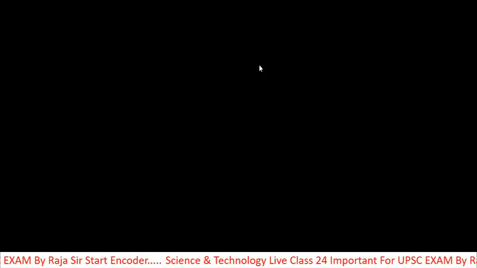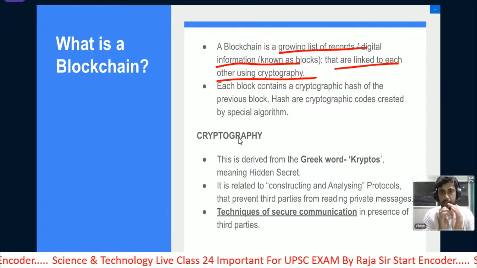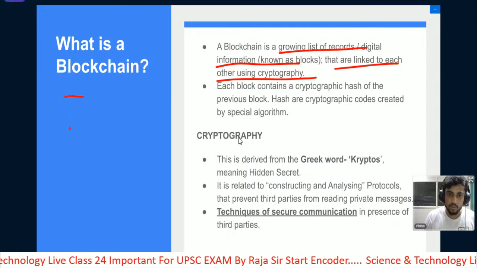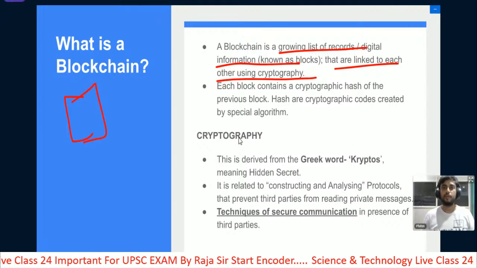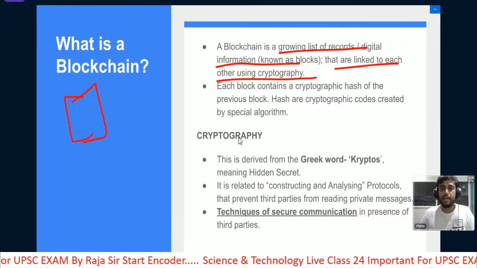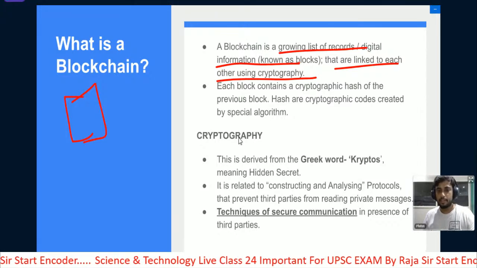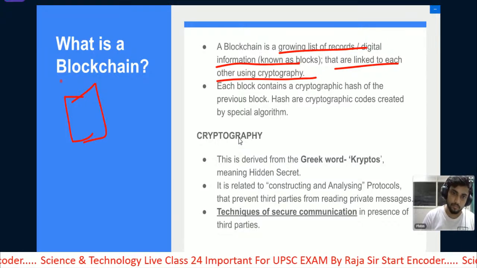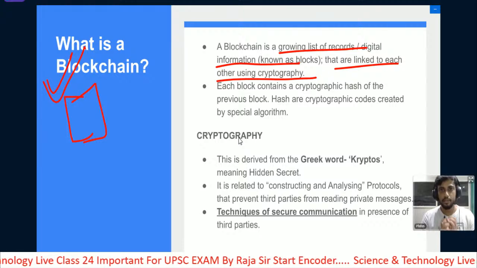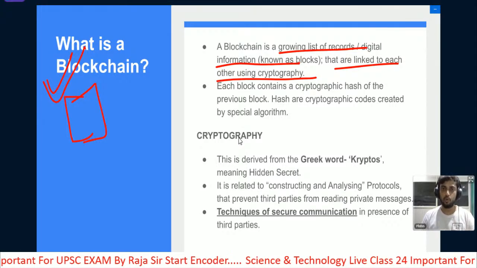In blockchain, the data is compiled in groups, and these groups are known as blocks. We say we have a block of information. A block of digital information can be created for digital transactions. In this block, the information related to the transaction will be stored.